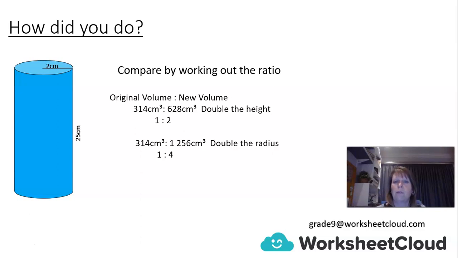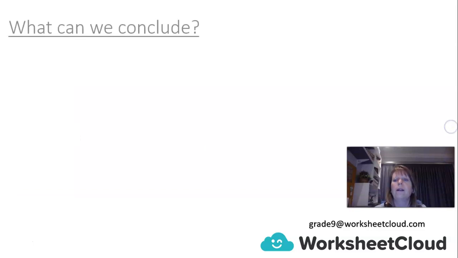Okay, everybody happy with that? Okay, then we doubled the radius and the height, and it's 314 to 2512, and as you figured, it's 1 to 8. So our volume is 8 times as big as the original, which is exactly what we worked out with our yellow cylinder. Okay, let's go on.